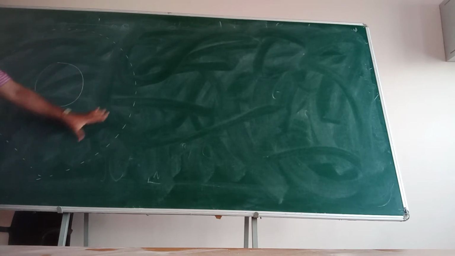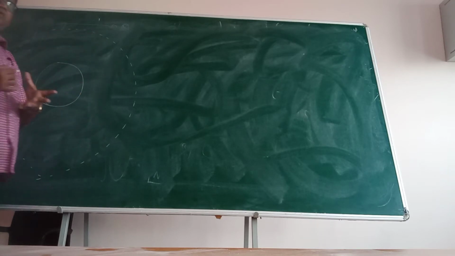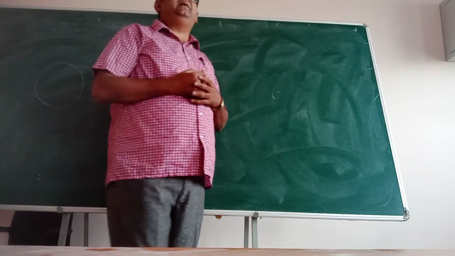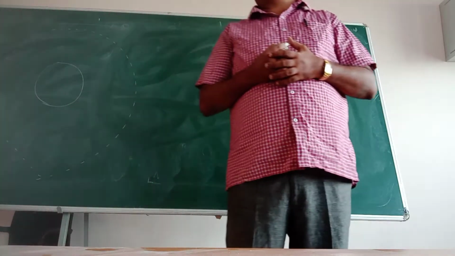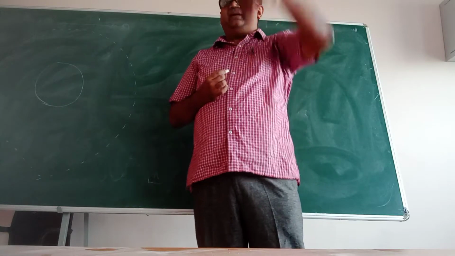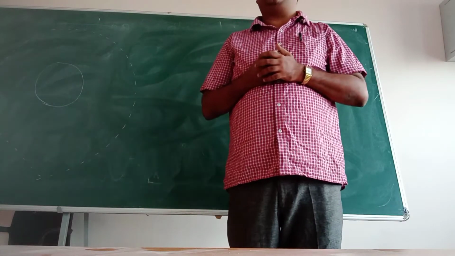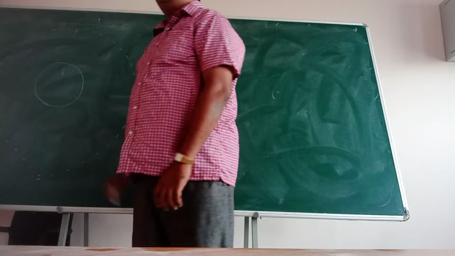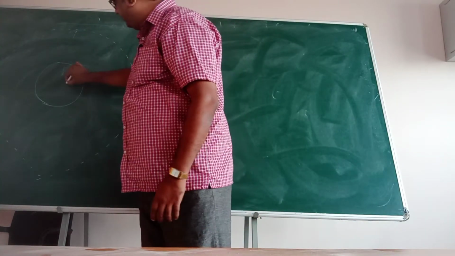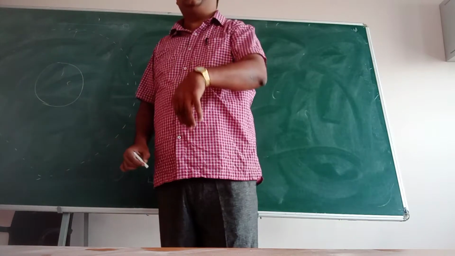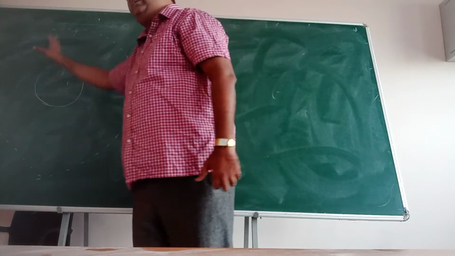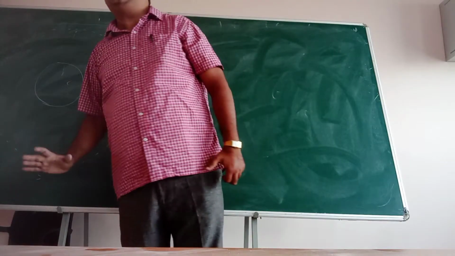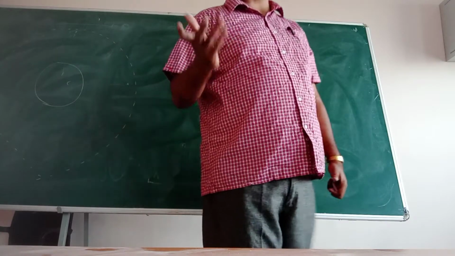So in this region, the object will experience gravity. That means the object will come back to Earth. If it is here, it will come towards the center of the Earth. If it is here, it will come to the center of the Earth. It is not always vertically down, okay? Wherever the object is, it will try to return to the Earth because of gravity.